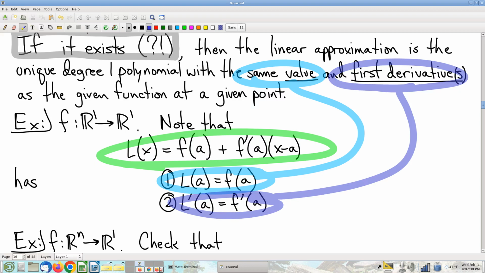There's exactly one degree 1 polynomial that agrees with f in both value and derivative. And that's the linear approximation. You could think of this as that there is exactly one degree 1 polynomial that mimics f. It's copycatting f, right, in terms of value and derivative. So this is what that polynomial is. Does that all kind of look familiar? I hope familiar, or at least believable.